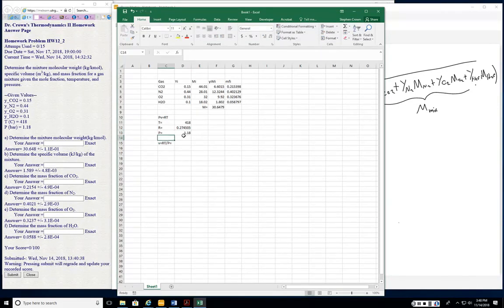So that's in bar. I need it in kPa, so let's put that as pressure in kPa, and that would be this number times 100.